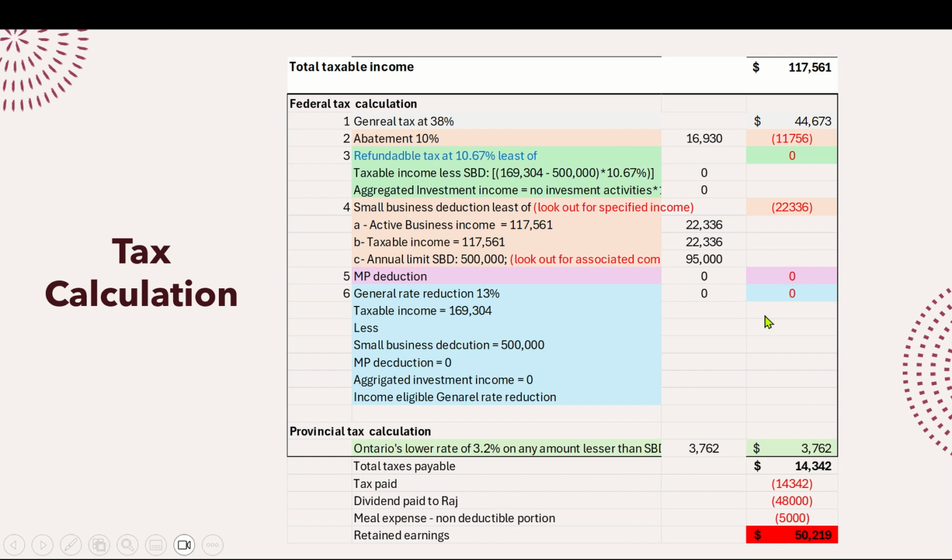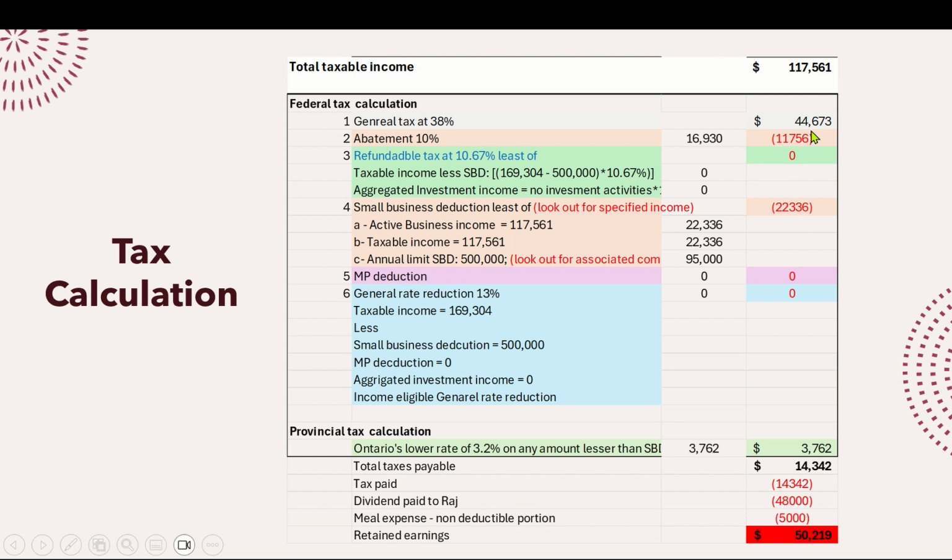So I decided to prepare the tax return manually so that I know that the software made no error. I wouldn't get into the details of it, how it's prepared. Maybe I could show this to you on the Excel sheet. But beware of that. This is the taxable income over here, $117,561.